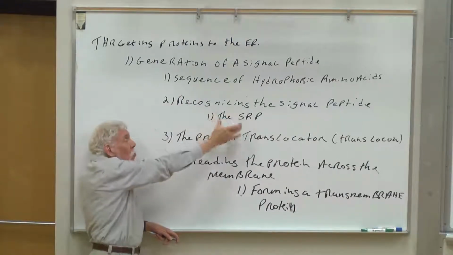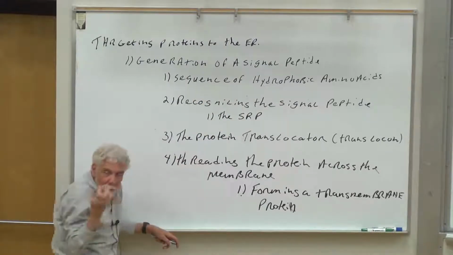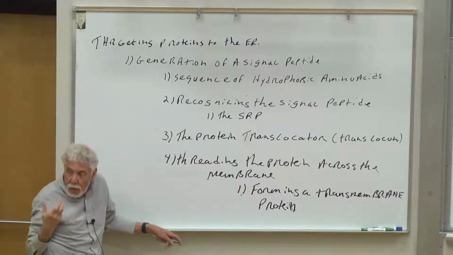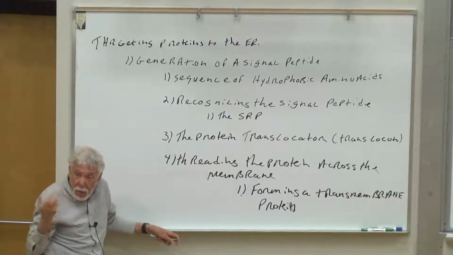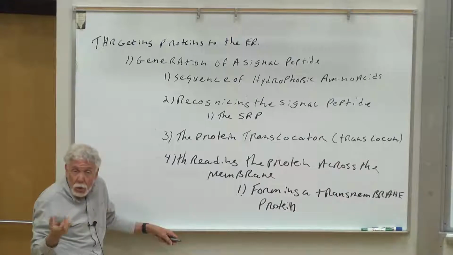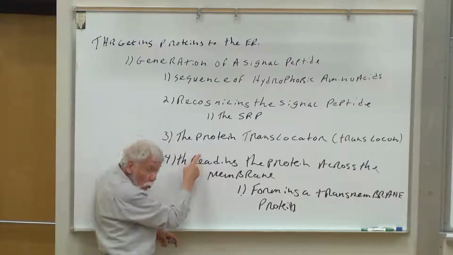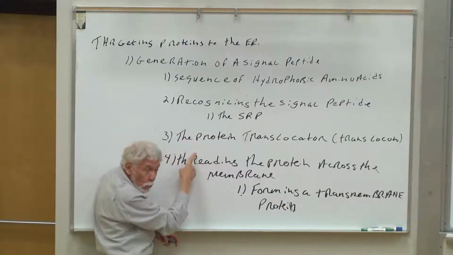But remember, what we're trying to do here is get the protein we're producing into that membrane-bound compartment called the endoplasmic reticulum. And we've got a barrier to get across because we have that barrier of the phospholipid bilayer. So how do we manage to get, first, this protein across that barrier? And then how do we manage to get the protein incorporated into the barrier?